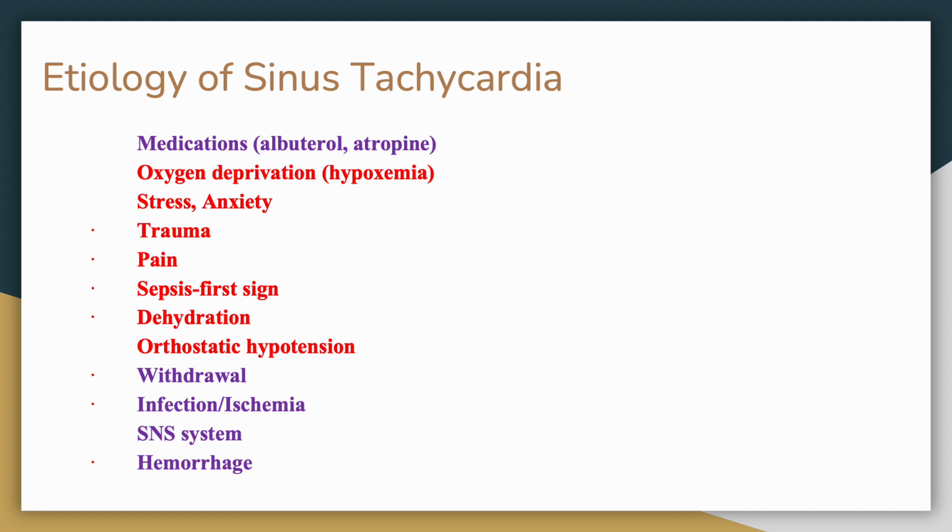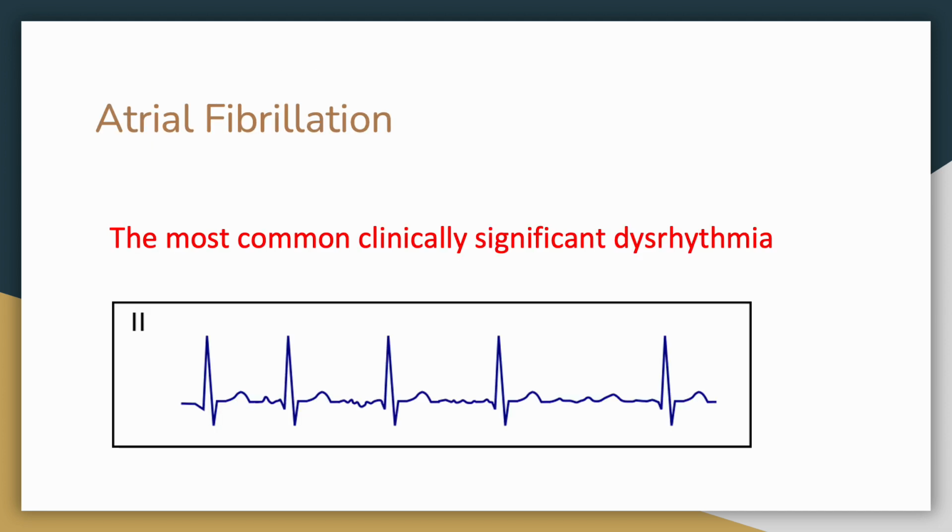People that get infections, so they're septic, they can have a high heart rate, okay? Dehydration, they can have a high heart rate, okay? So those are important ones, okay? So that's sinus tach. Now, how we treat sinus tach, okay, is we figure out what is causing it, and then we fix that, and then we fix sinus tach, okay?